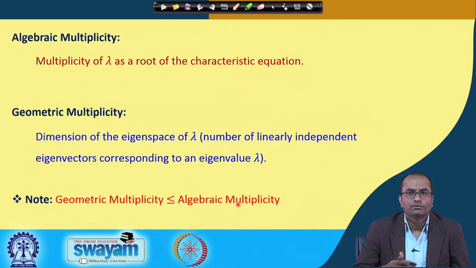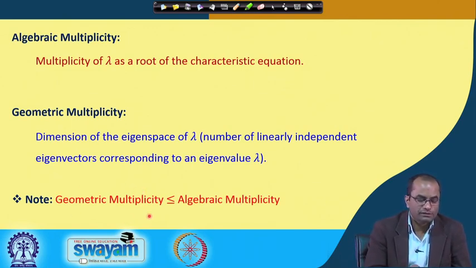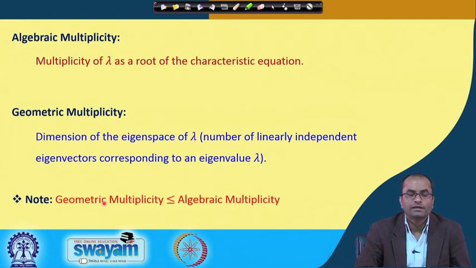For example, if one particular eigenvalue is repeated 3 times, then the corresponding geometric multiplicity, meaning the number of linearly independent eigenvectors, cannot be more than 3; it has to be less than or equal to 3.